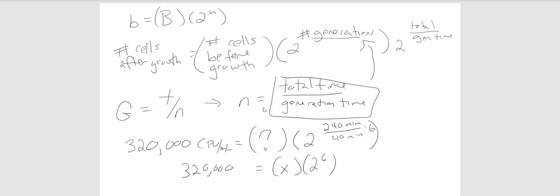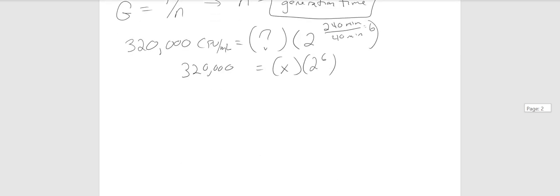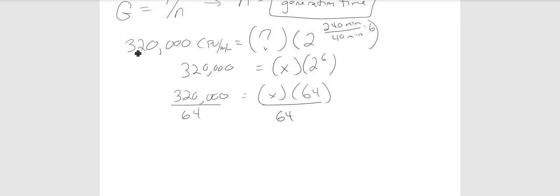And now we're going to need to say, okay, well, what value then is 2 to the 6th? If you do 2 to the 6th, that's going to be 64. And then we rearrange to get x all by itself. 320,000 divided by 64 is going to give us 5,000 CFUs per mL before the 4 hours of growth.